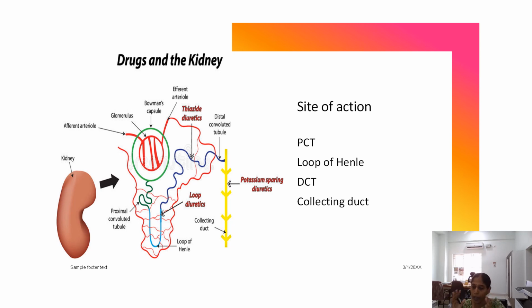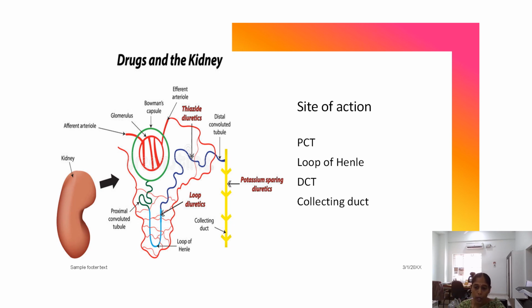You all know the various parts of nephron, like proximal convoluted tubule, loop of Henle. You will be having the descending limb and the thick ascending limb of loop of Henle, distal convoluted tubule, and collecting ducts. These various groups of diuretics act on various sites in the nephron.